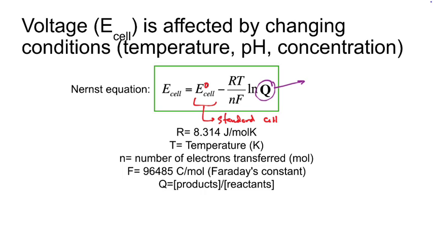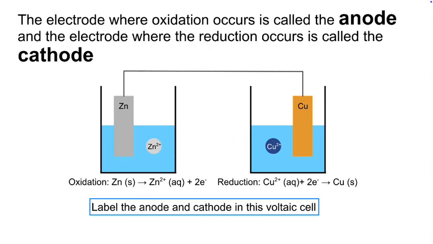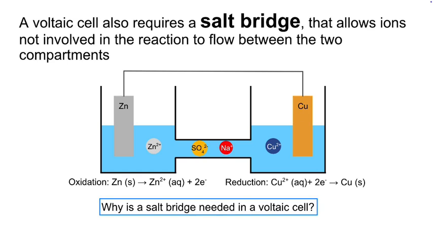Okay? This can also be kind of fun and useful because if we go back to our salt bridge system here, we could pick 2 identical things. We could make this copper and make this copper ion.